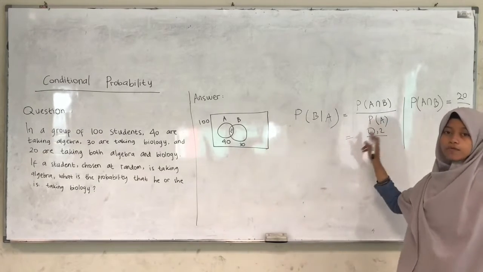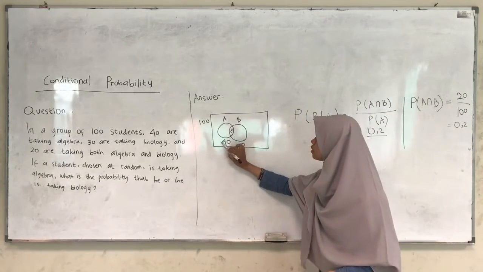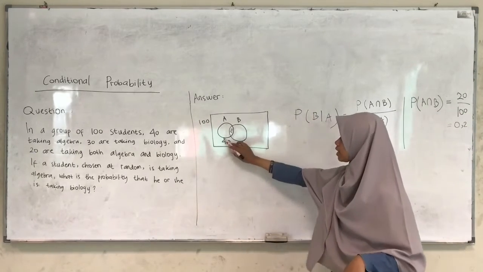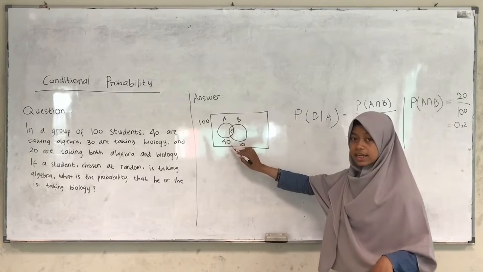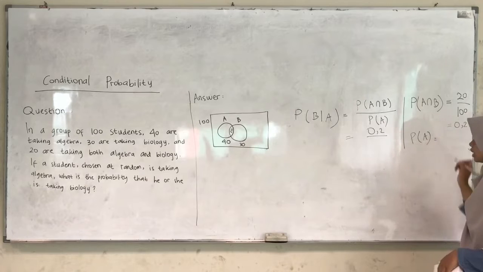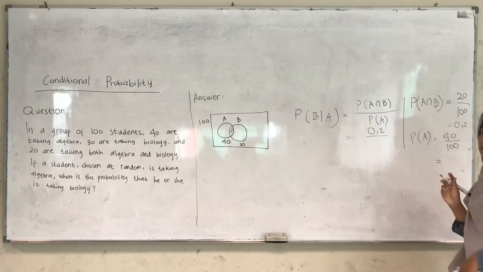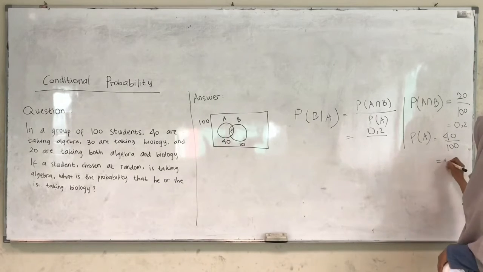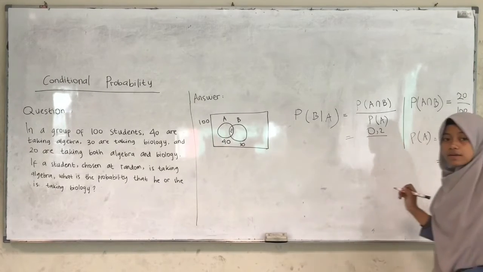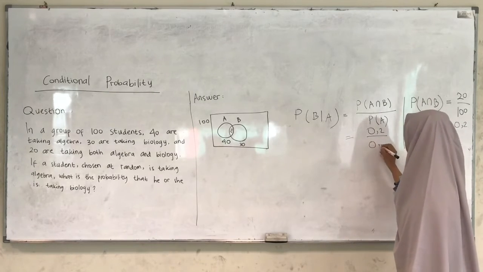And the probability of A is 40 divided by 100, or we can write 0.4. We put that here.